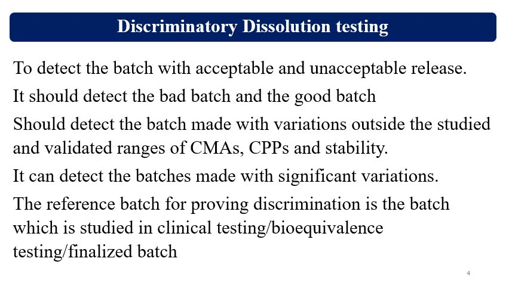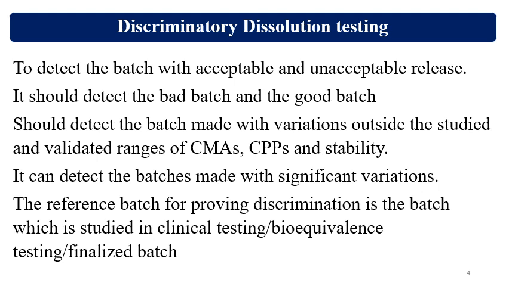It should detect a batch made with variations outside the studied and validated ranges of CMAs, CPPs and stability. If particle size is critical for the product and it affects dissolution, then if you take the particle size beyond the validated range, this discriminatory test should detect that change. That is the CMA, critical material attribute. Then CPP: for example, tablet hardness is a CPP, so compression force becomes the CPP for hardness.